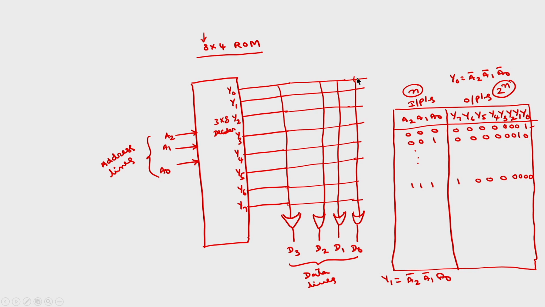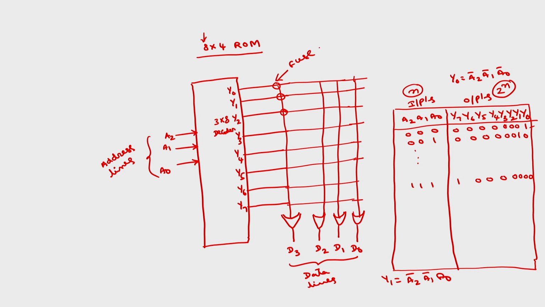Now depending upon the data that is to be stored in each location, all this will be connected through fuses. At each intersection you have fuses. If the fuse is intact, then that particular line will be connected to the input of the OR gate. If the fuse is blown, then there will be no connection.